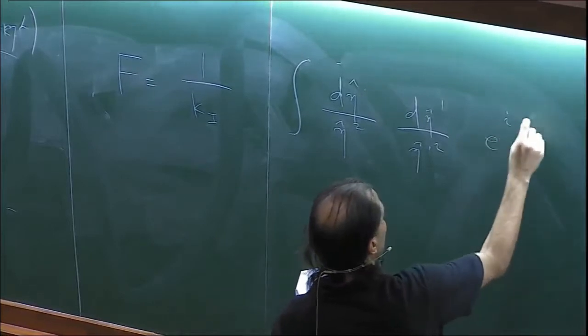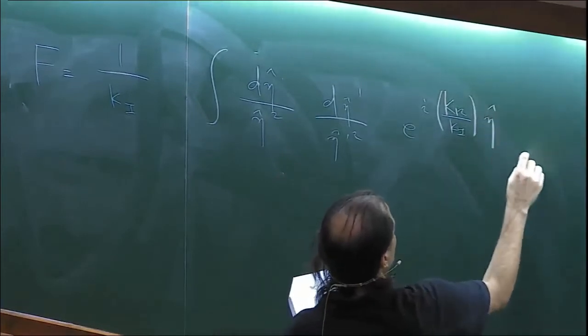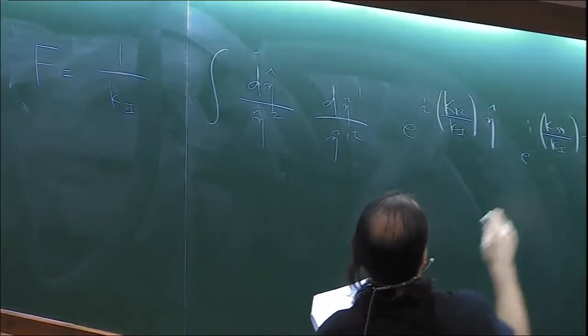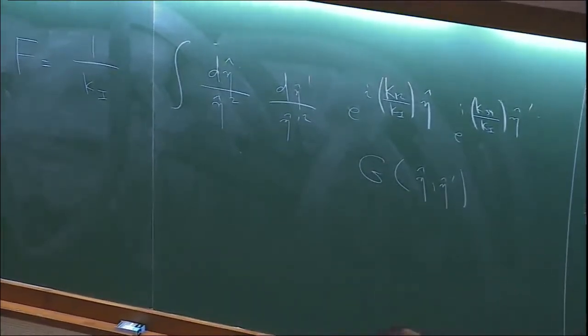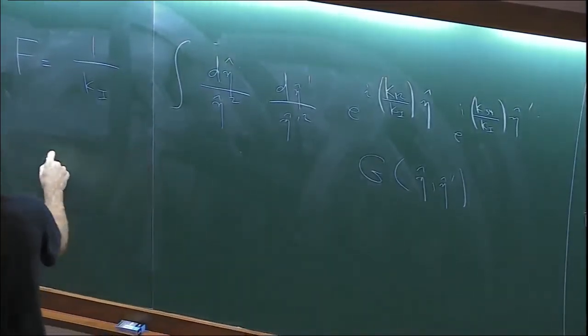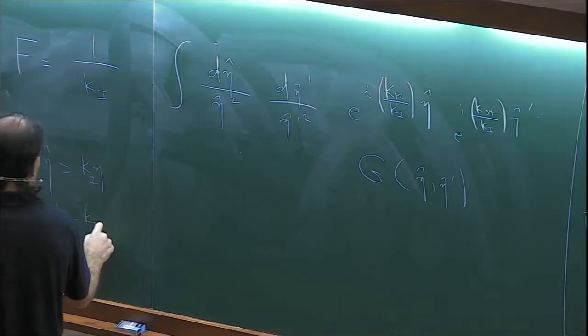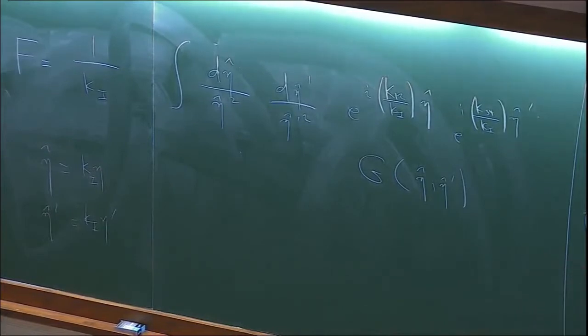And then I have e to the I K12 over K intermediate eta hat, e to the I K34 over K intermediate eta hat prime, G hat of eta hat prime. So we see, where eta hat is K intermediate eta, and eta hat prime is K intermediate eta prime. Sorry? Oh, sorry, this was the G hat. Thank you very much. So we see that the whole thing scales with a 1 over K intermediate in front of the whole thing.